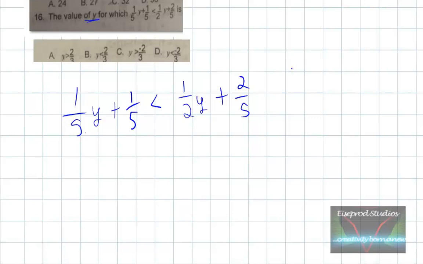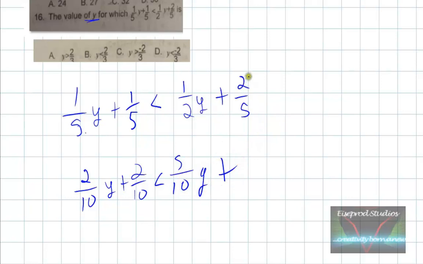I would say that the least common denominator is 10. So I'm going to change all of these fractions so that the denominator is 10. So 1/5 would now become 2/10, and the same thing with this 1/5 over here. To get 1/2 converted into something out of 10, I would put 5 out of 10.